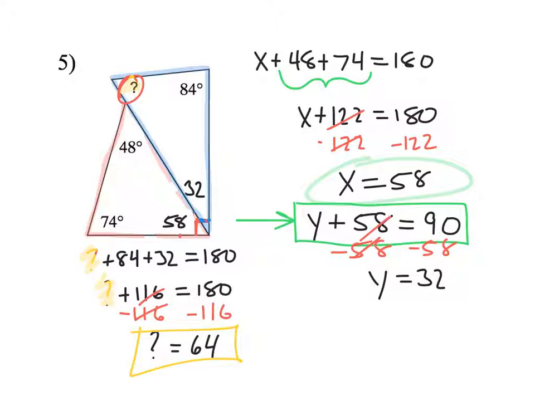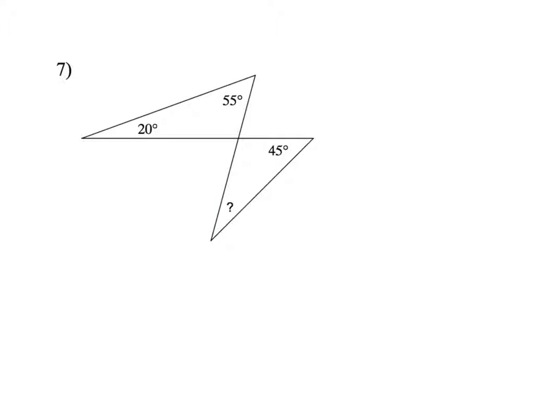Let's look at one more example. In this example, we are again trying to find that question mark. And let's just go ahead and start by calling that x. That way we don't have that problem we had in the last example. So that guy is x. That's what we're solving for.